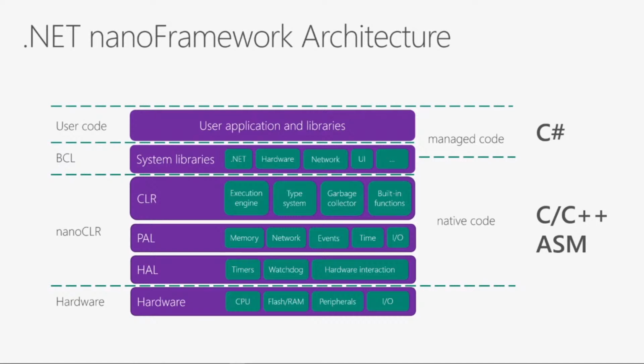On the right hand side, you can see the languages that are used for the various layers. On top, of course, you have C sharp, and then you'll notice that the user code and half the system libraries are C sharp, and the other half is C and C++, and some of them have a tiny bit of assembly too. So this is the distribution in terms of languages. Okay.